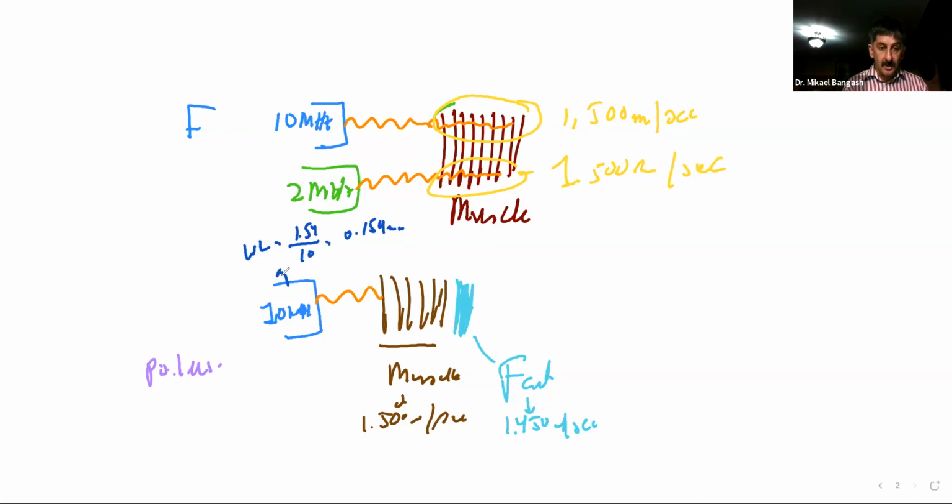So here, we just took one transducer, say 10 megahertz. As that sound travels through muscle, it's going to travel at a speed of 1,500 meters per second.